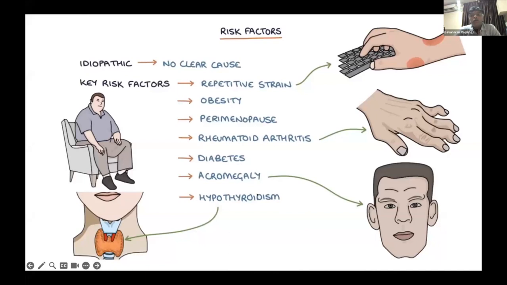In most cases, there is no clear cause, because there may be degeneration, but the key risk factors are many, like repetitive strain, rheumatoid arthritis, obesity, and the perimenopausal period, acromegaly, and hypothyroidism. See, with acromegaly, hypothyroidism, and in a few cases of severe rheumatoid arthritis, the carpal tunnel syndrome is many times bilateral.